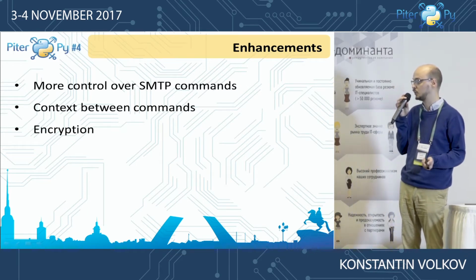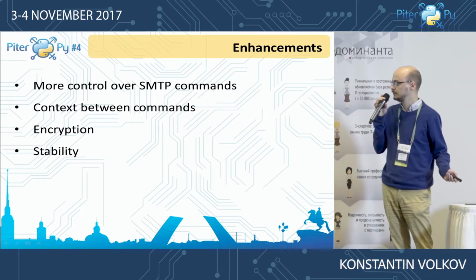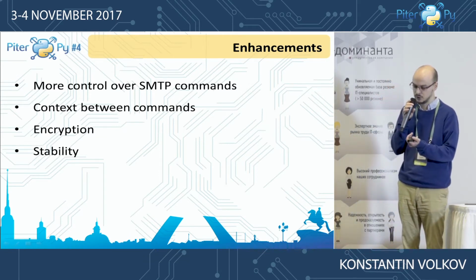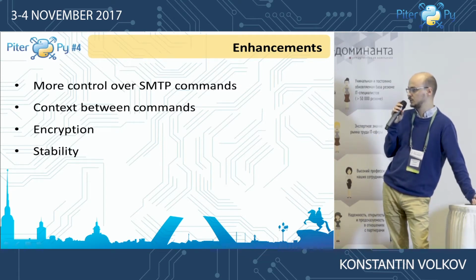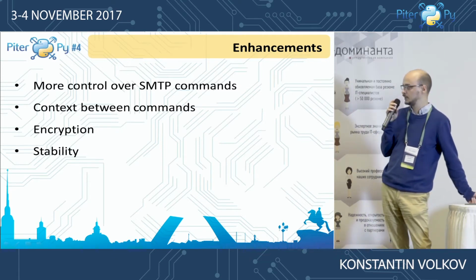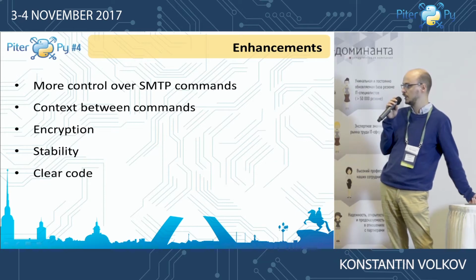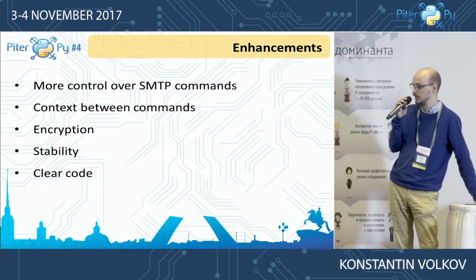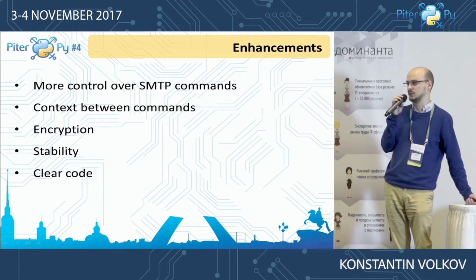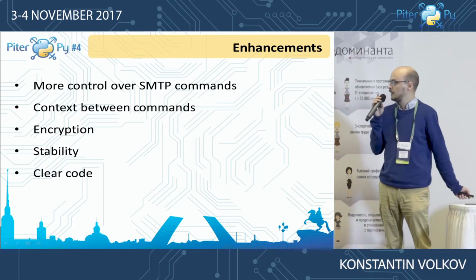We need encryption, and we cannot do without encryption, and of course we wish it to be stable, because after we started production we uncovered some unpleasant things in the library. There were some surprises, and it was necessary to clean up the code, because the original library was just similar to the SMTPD, and there were fragments of the solutions that we did not plan to use.